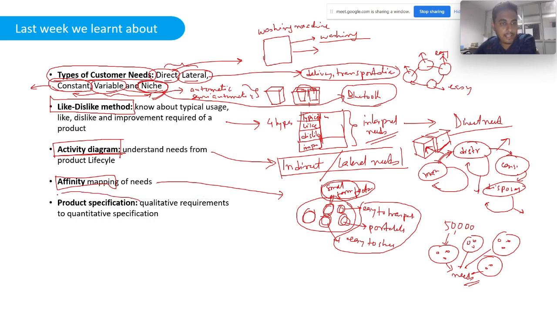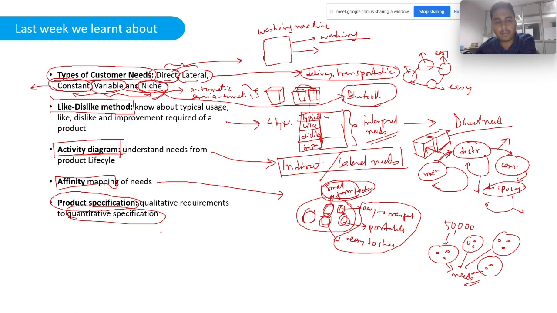Okay, and finally, in the last class, we talked about product specification, where we convert the qualitative information from the customer to something quantitative that will be helpful for designing a product. Do you know how to represent product specifications?